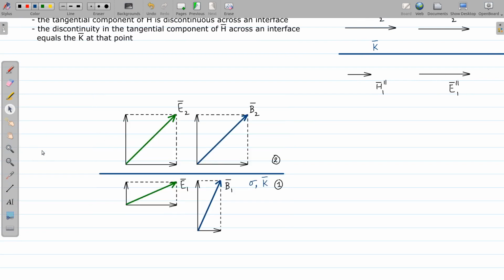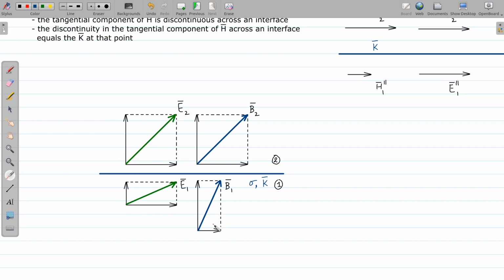For electric fields, the tangential component remains continuous from one medium to another, but the normal component is discontinuous. So if in one medium we have this tangential and normal component, in another medium the tangential component remains the same but the normal component will be different. Consequently, this is how the electric field will look in the other medium.